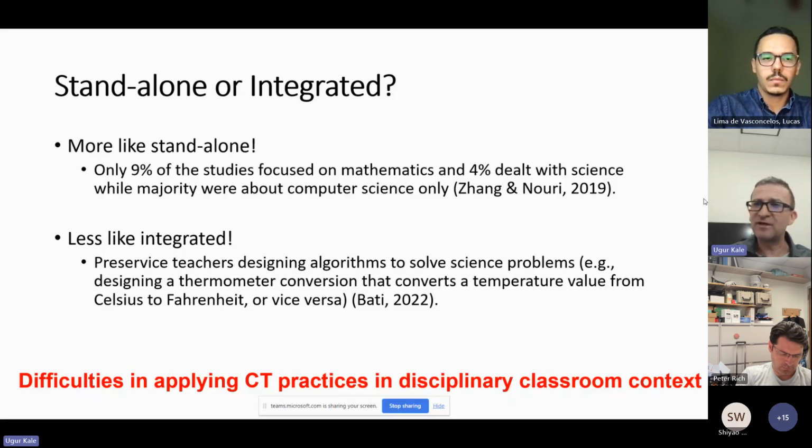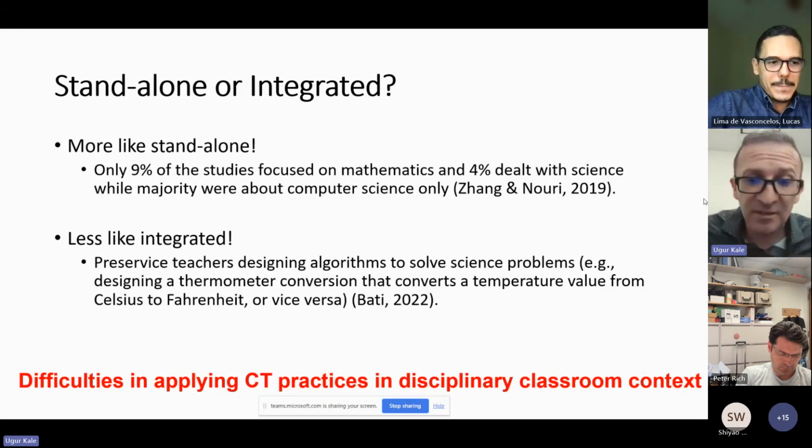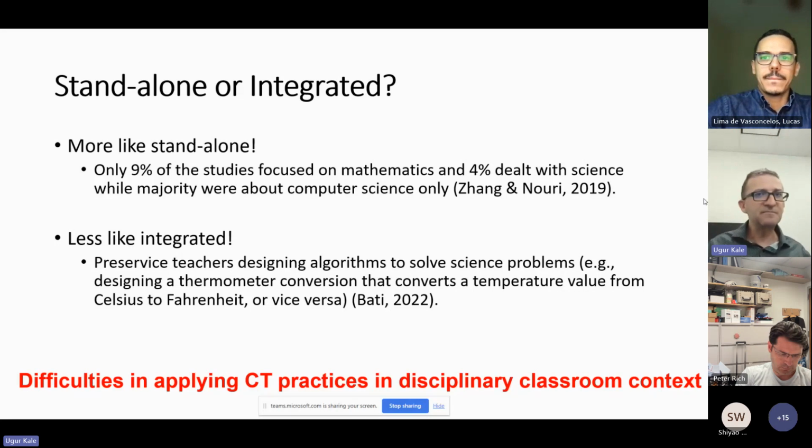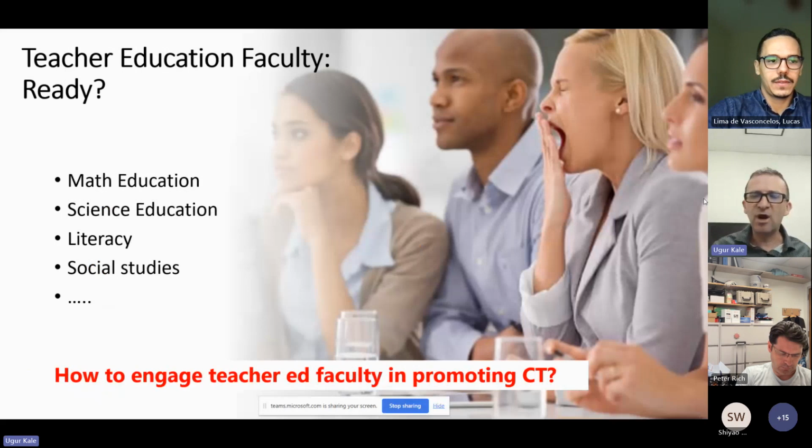There are examples, but very minimal. To me, looking at all the studies, that speaks to difficulties in applying computational thinking practices and processes in disciplinary classroom contexts. And that is a big problem, a problem of integrating CT in teacher education.